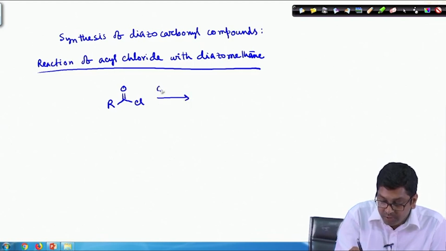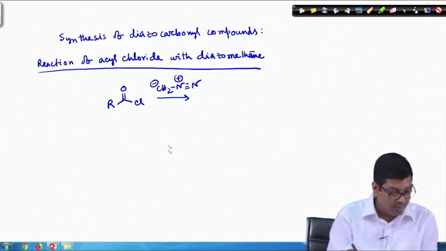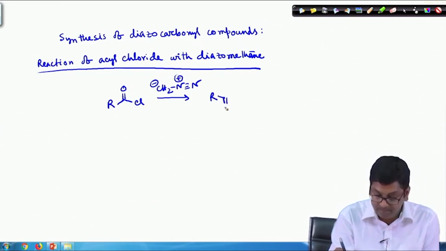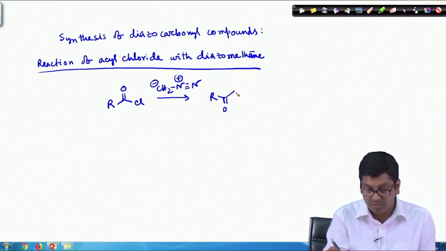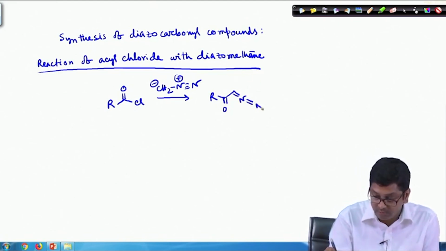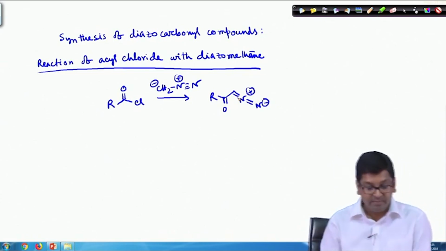Now, you treat it with diazomethane. Okay. So, now it will react to give you the corresponding diazocarbonyl compounds. Okay. What is its mechanism?